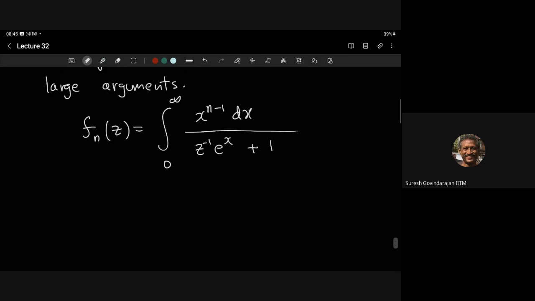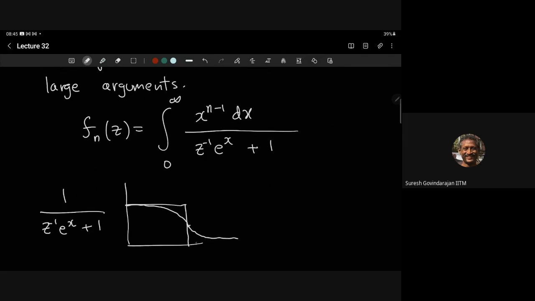But this function 1 by z inverse e power x plus 1 is the Fermi function, which at T equal to 0, we know this function is such that, so if you remember, I drew this. So this is for T equal to 0 or z equal to 1. But for the case when T is close to 0, so this is small T, you can see that this function will agree here.